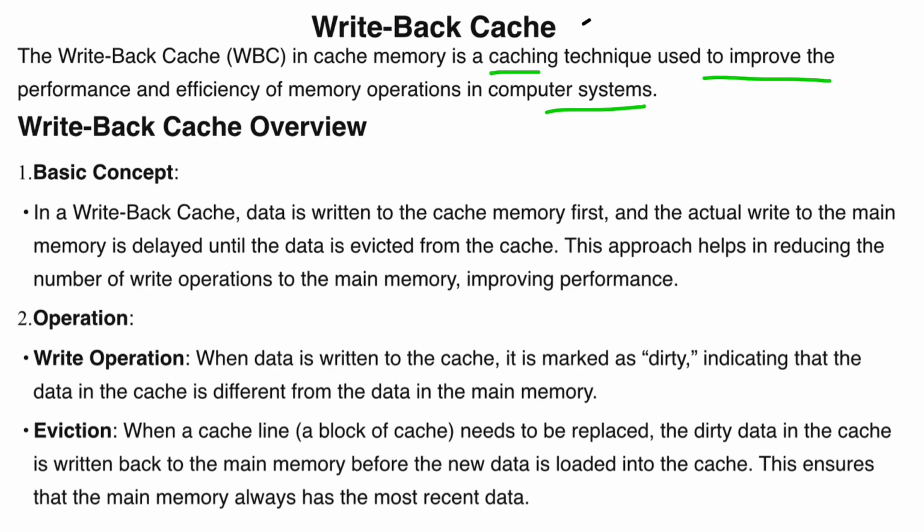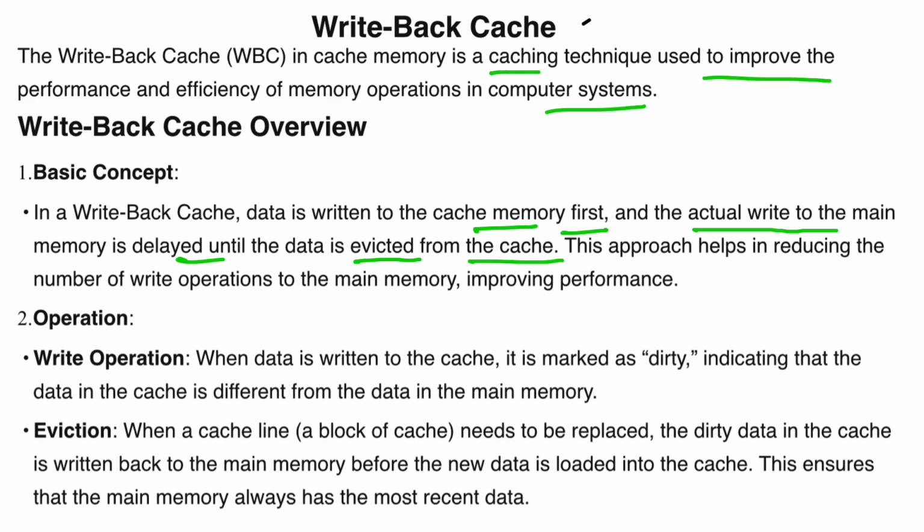So what we do in write back cache, data is written to the cache memory first, and not in the actual memory. The actual write to memory is delayed until the data is evicted from the cache. That means until the data leaves the cache memory, it will not be written in the main memory.